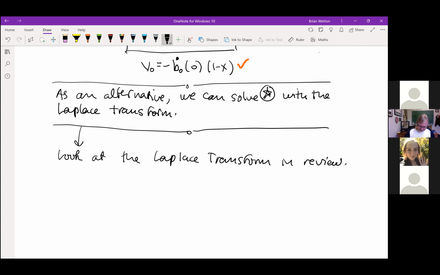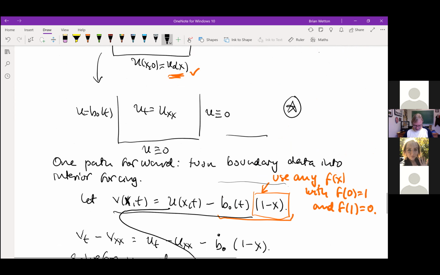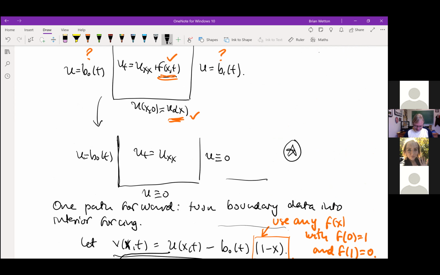Okay, so I can take the Laplace transform of a function f of t defined for t bigger than or equal to 0. So just like this function b0, this boundary value term, I'm going to be able to take its Laplace transform.